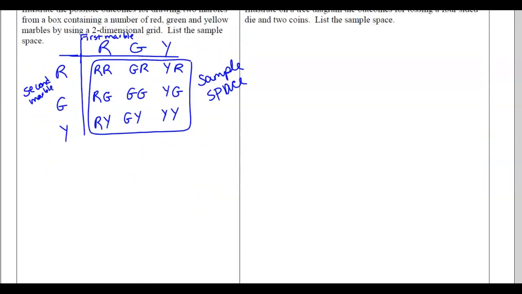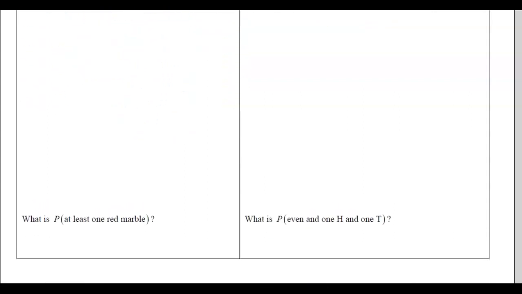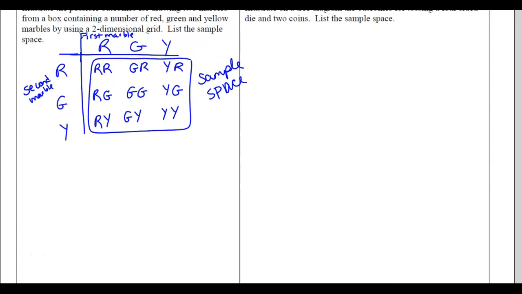And underneath here, we left a lot of space, but it says: what is the probability of at least one red marble? Now, this is just going to be in general because we don't know how many reds, yellows, and greens there are.